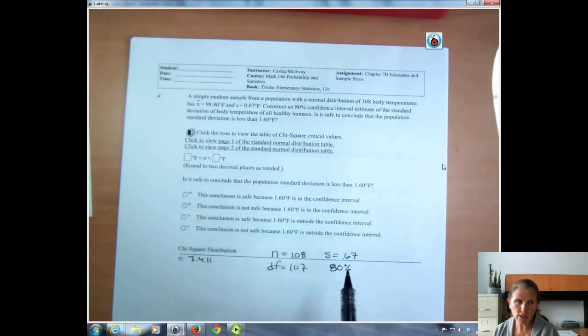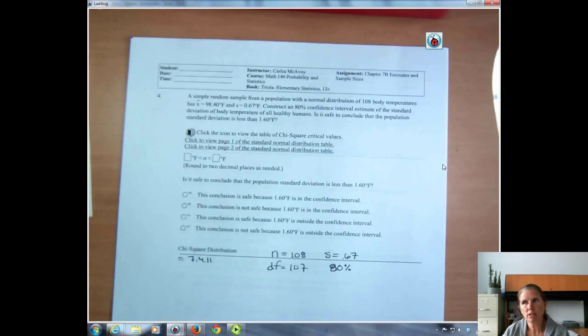If your confidence goes from 80 to 99%, does your confidence interval get wider or smaller? Well, one way to think about it is the smaller confidence you have, the smaller interval you have. The wider interval comes from a higher confidence.